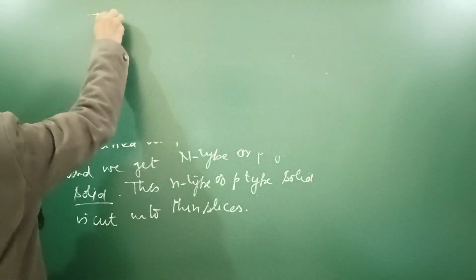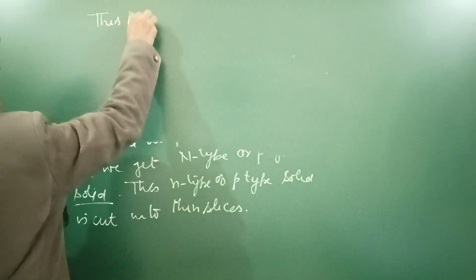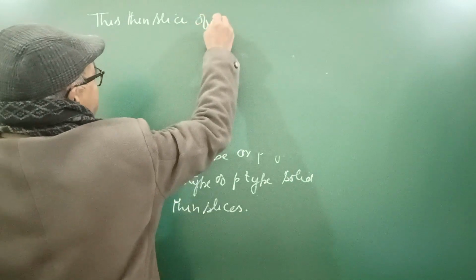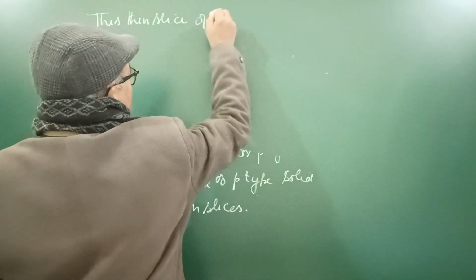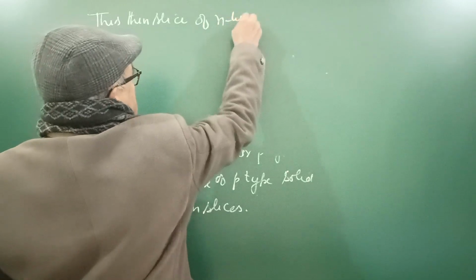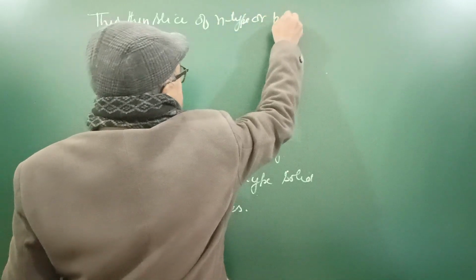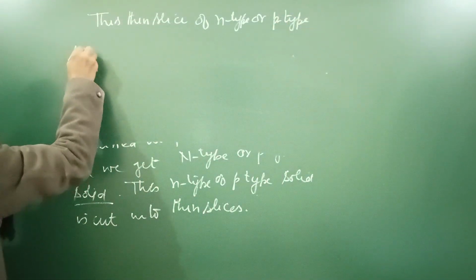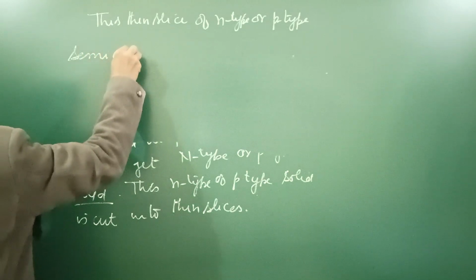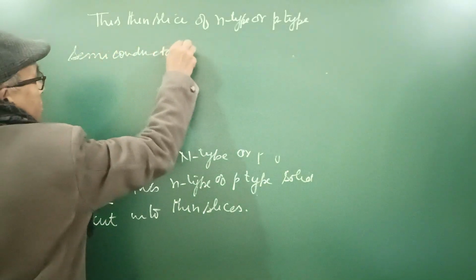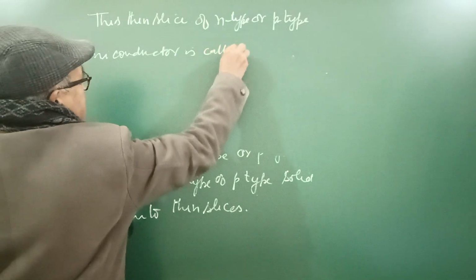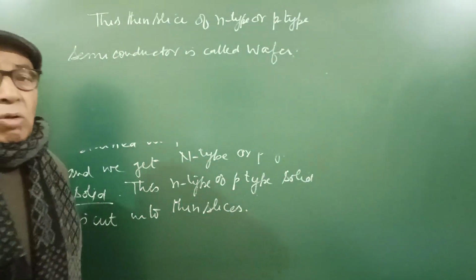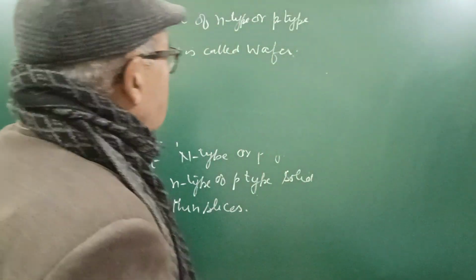This thin slice of N-type or P-type semiconductor is called a wafer. P-type or N-type wafer.